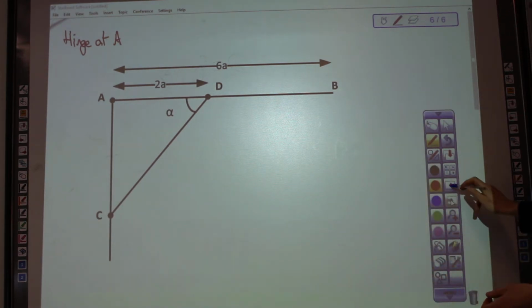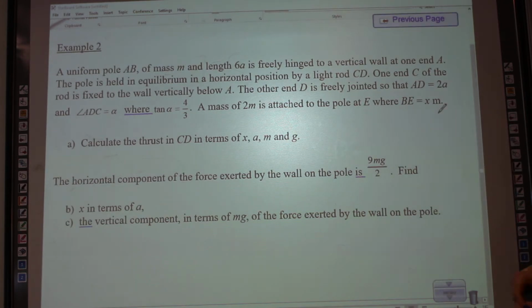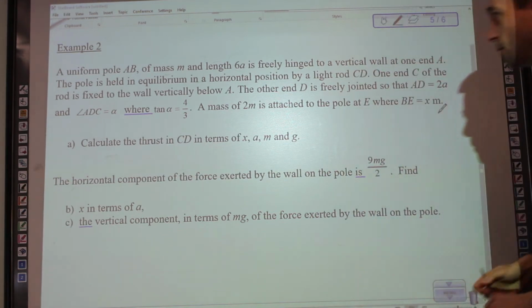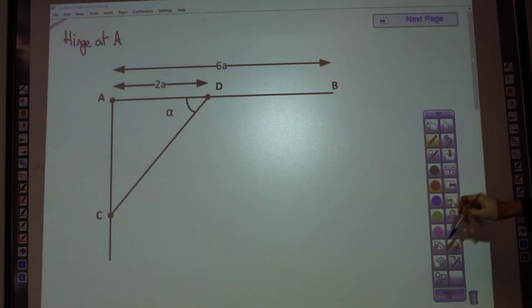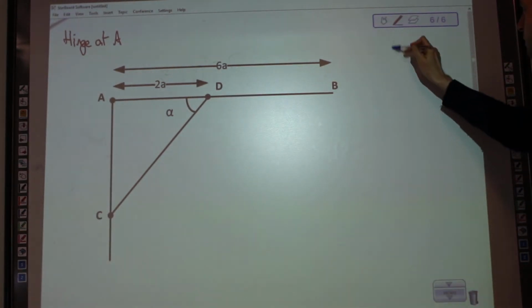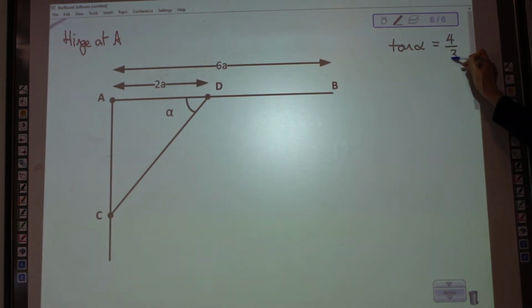We've got a little bit of extra information to add to this diagram. Firstly, angle ADC equals alpha, where tan alpha equals 4 over 3. So let's label that on. Angle ADC is alpha, and tan alpha equals 4 over 3.